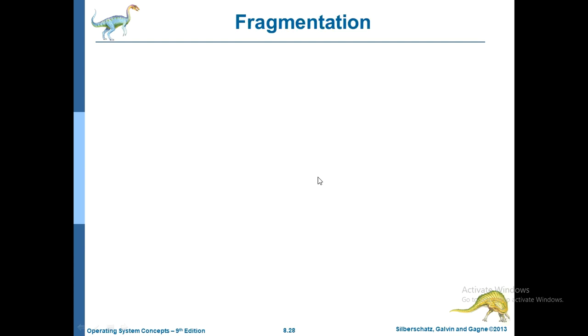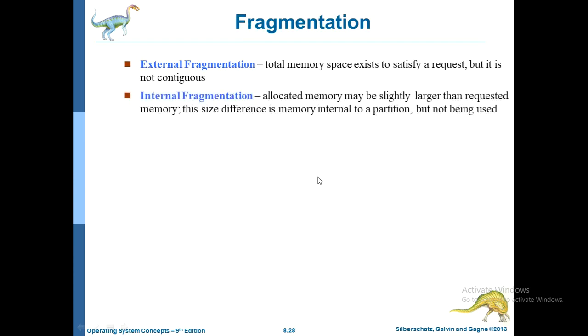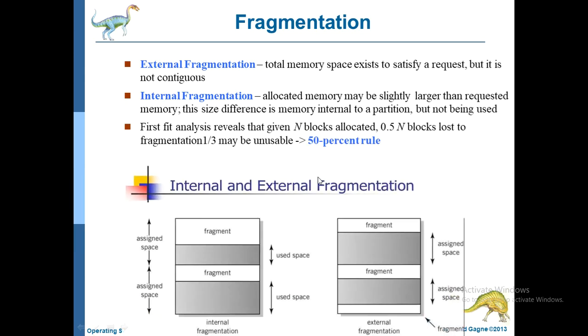That is called fragmentation. In fragmentation, we have two types: external fragmentation and internal fragmentation, right? What do you mean by external fragmentation? What do you mean by internal fragmentation? Say in this example, see here, this is called internal fragmentation. This space is allocated for process 1 and this much space is allocated for process 2. But process 1 uses only this much data, and the remaining part is free.